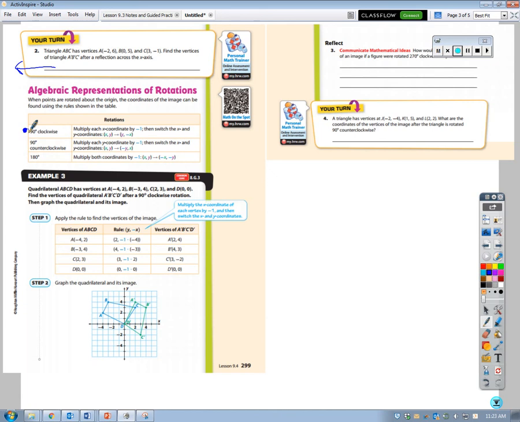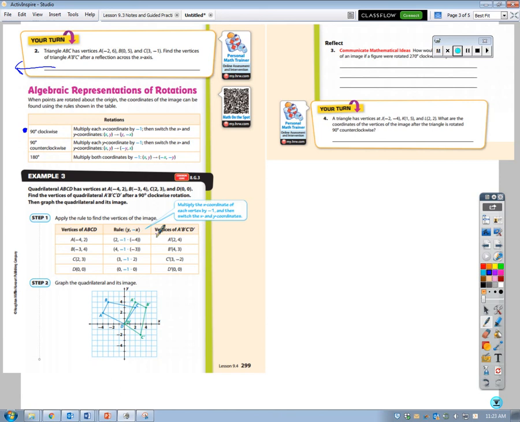Okay, so they have set up the table where we've got the vertices of our pre-image. And then we've got the rule, which in this case is multiplying each x coordinate by -1 and then switching the x and y, right? So what they've set up here is that they switch the x and y, and then x is going to be negative, right? Multiply by -1. So it would be the opposite of what you have.